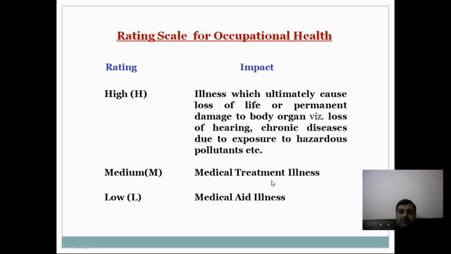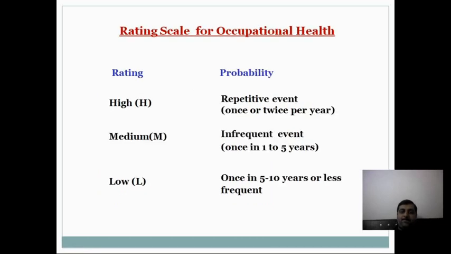If the person can be treated, for example if there is a fracture, then I call it medical treatment illness. If he trips down and has some bruises, and treatment is possible, then we have impact low. And if it is a medical aid illness, that means first aid can be given, it's a low rating.